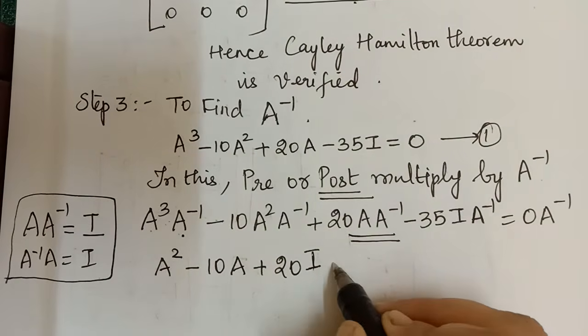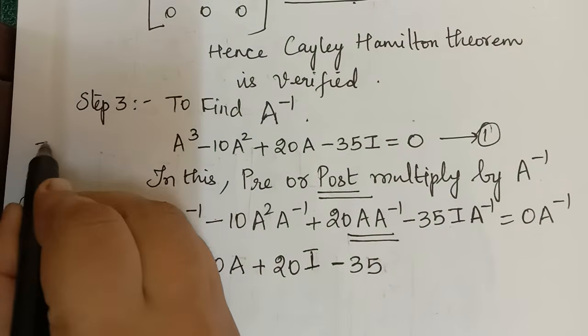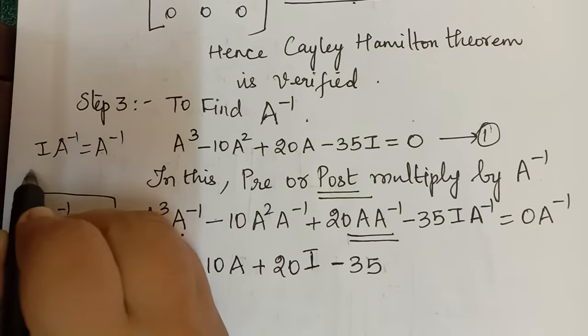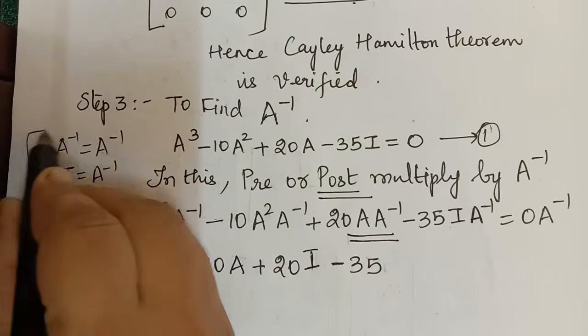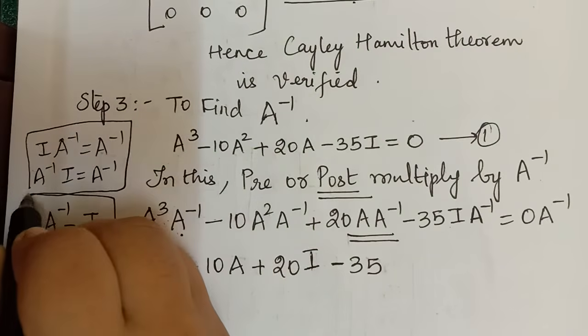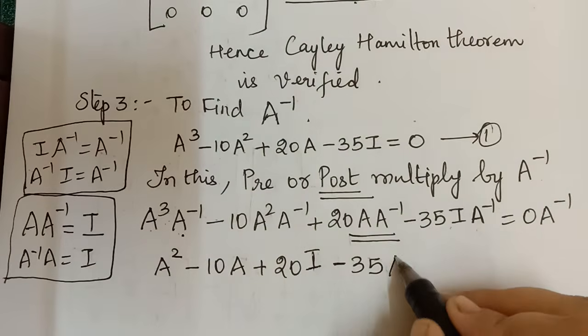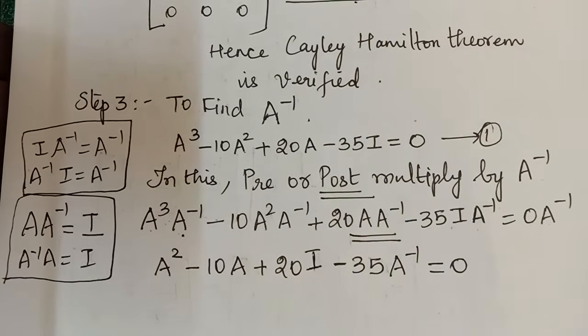And then here minus 35, any matrix multiplied with the identity matrix will give the matrix itself. So if it is A inverse I also, we will be getting A inverse only. So this also you have to remember. So now here I is multiplied with A inverse, and so we get A inverse. And when we multiply any matrix with a null matrix, we will get the null matrix 0.